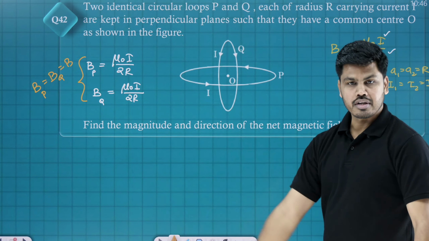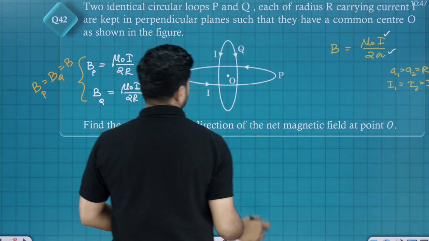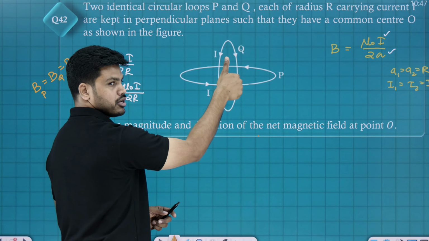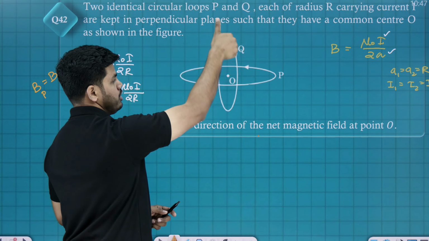If you have more than one vector quantity at a point, we have to find out the resultant of the two, right? Magnetic field is a vector quantity, it has a definite direction. So for the loop P, applying the right hand thumb rule, the magnetic field is going in this direction. Magnetic field due to the loop P.